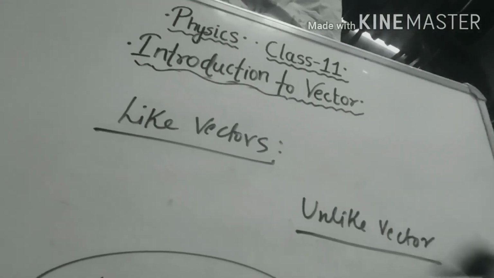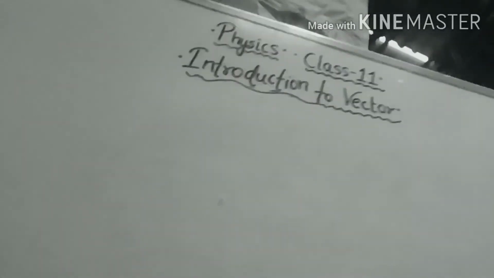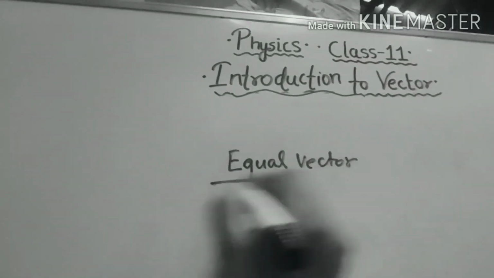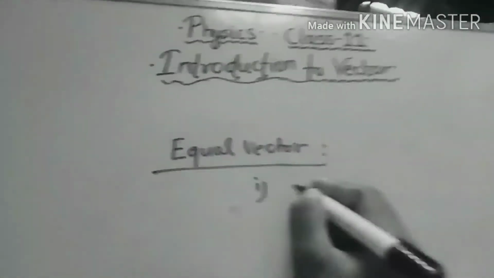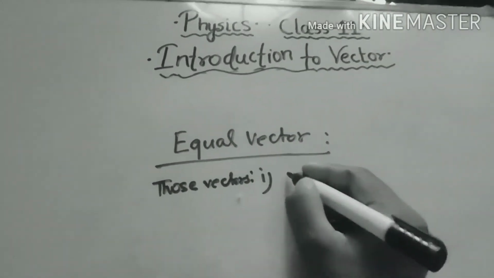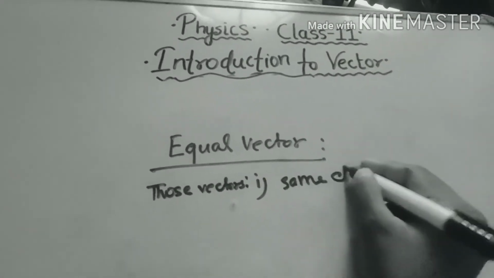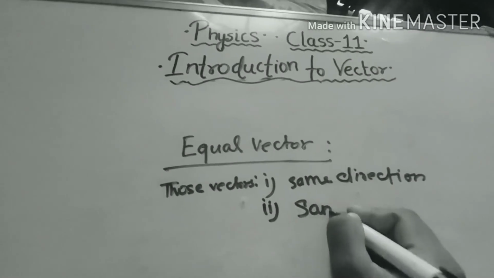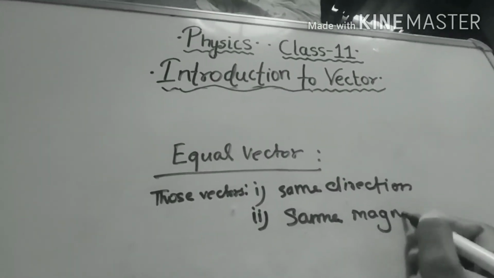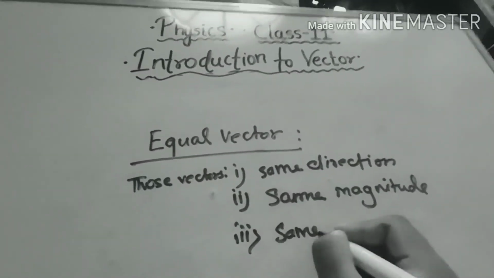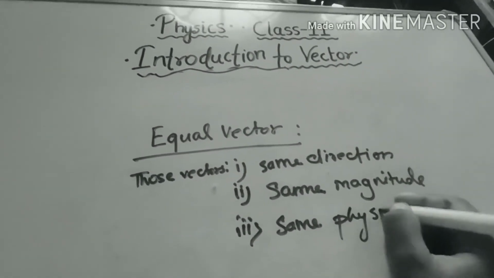Now we will be reading two more topics that are small, that is equal vector and opposite vector. So what is an equal vector? Equal vectors are those vectors with the same direction, same magnitude, and same physical quantity, which means they represent the same physical quantity.